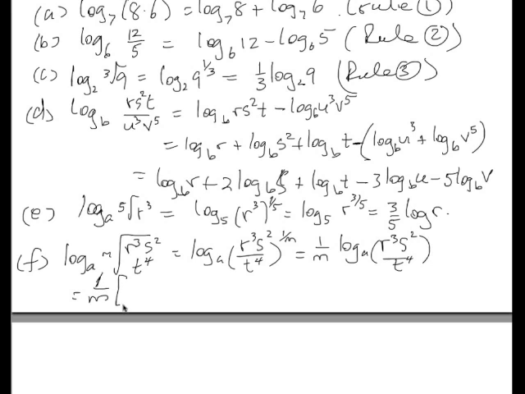Now I need to use a parenthesis here. So it's going to be log in base A of R cubed plus log in base A of S squared minus the log in base A of T to the 4.